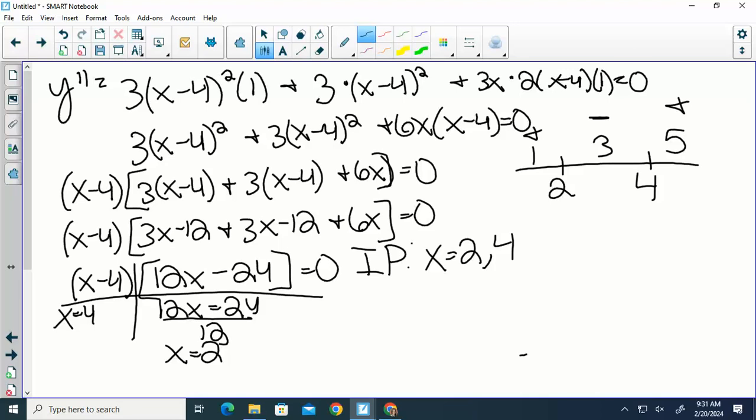Okay. So then, it's concave up from negative infinity to 2, and concave down from 2 to infinity.